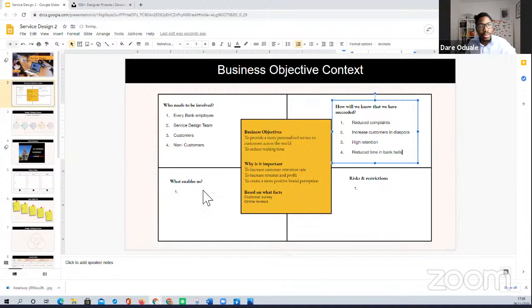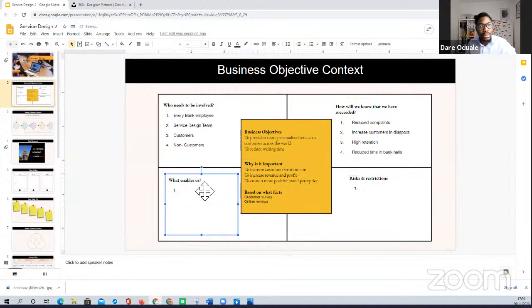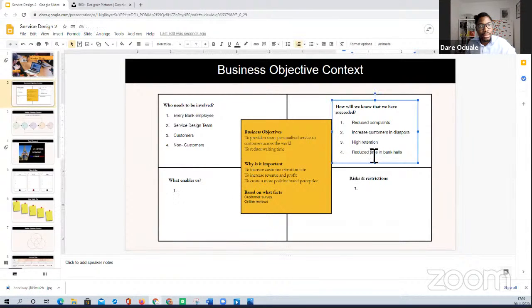Okay, so what is going to enable us to achieve this service? So let's capture that. But how will we know that our waiting time has been reduced? If we just say reduced waiting time, how would we capture it? That's what we're supposed to say here, even. So we'll say reduced complaints. How would we know that that has reduced? We know from our surveys, from our own reviews.